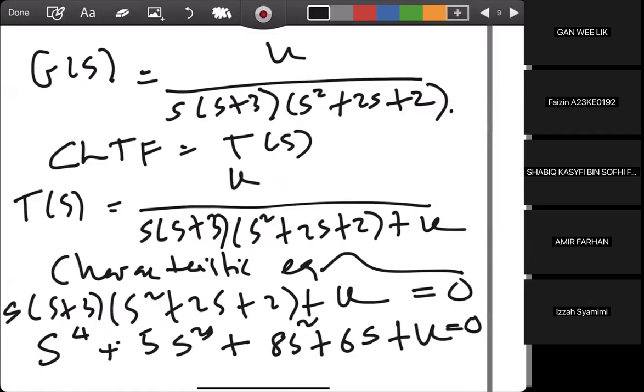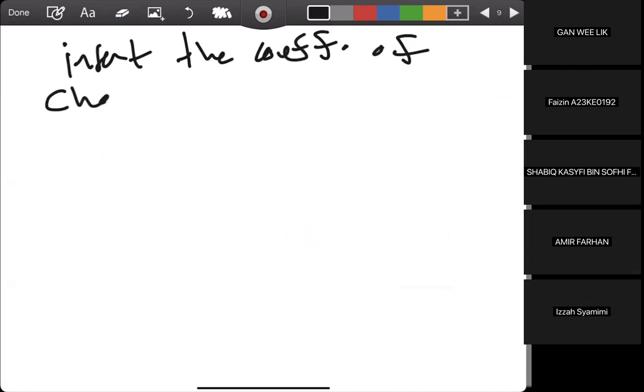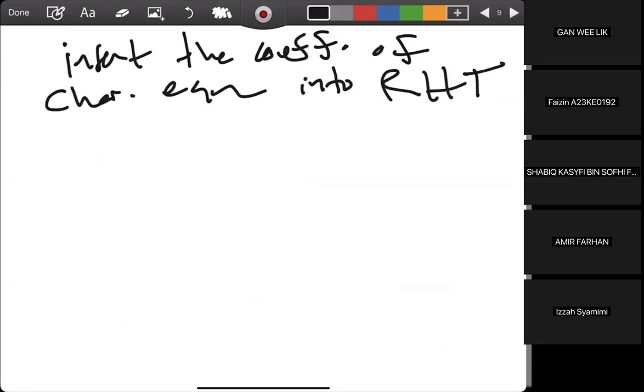Then use Routh. Insert the coefficients of the characteristic equation into the Routh table. So you will get s^4, s^3.